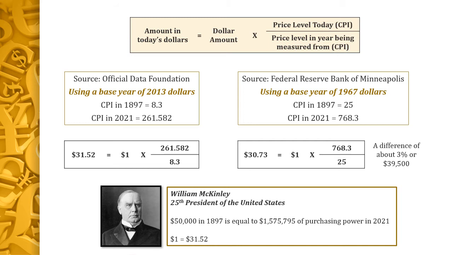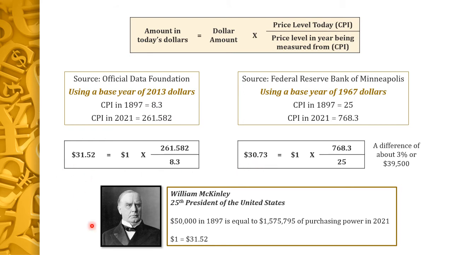Now, you and I might say, wow, $40,000 is a big difference. But really, if you're making more than $1.5 million a year, do you think $40,000 is really going to be that noticeable? Probably not. But to the average person, $40,000 may seem like a lot. But we're talking about, based on over $1.5 million. So base years will make a difference, and depending on the base year that you use, you could get different amounts.